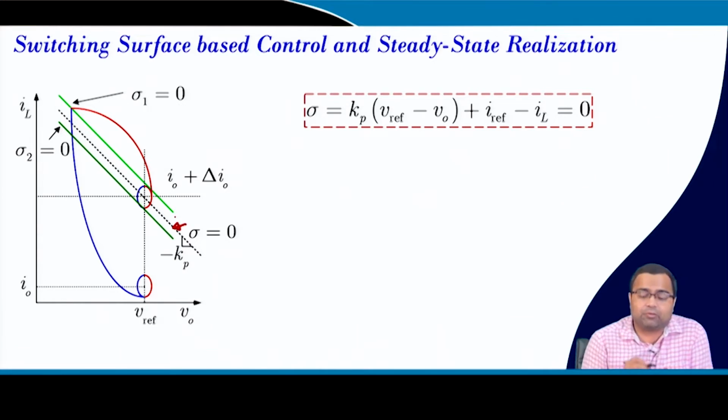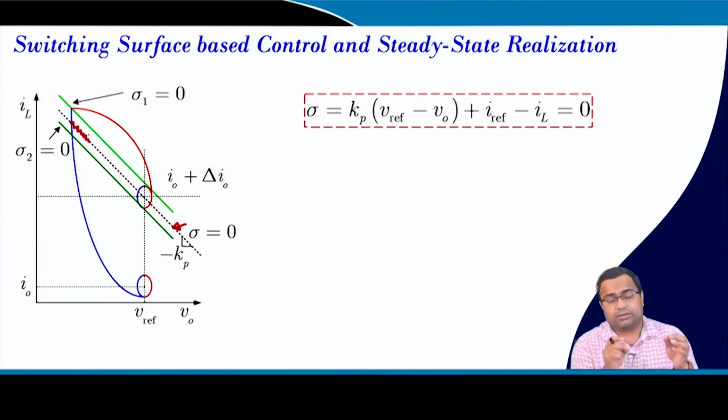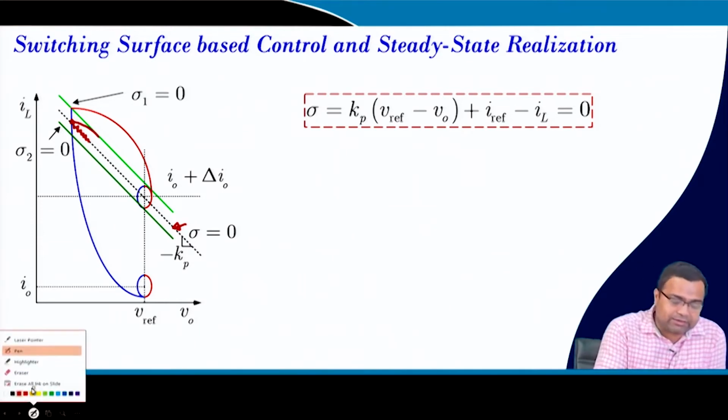Why? Because we cannot expect the switch to turn off like that. If we try to keep the trajectory very close to that sigma, it cannot be, because it will actually move away. We cannot use this sigma, because this is particularly important when you come to steady state.